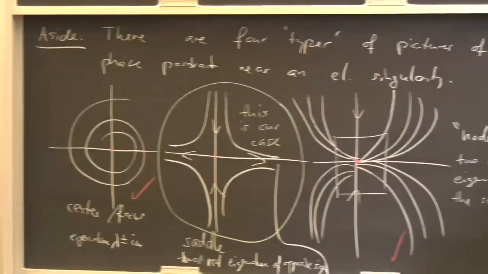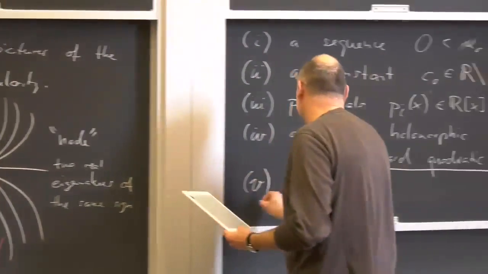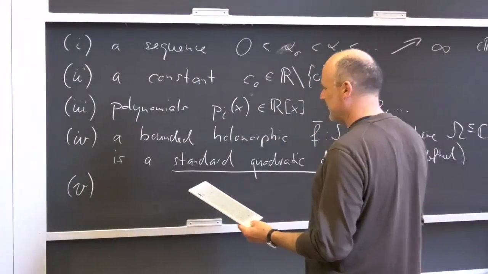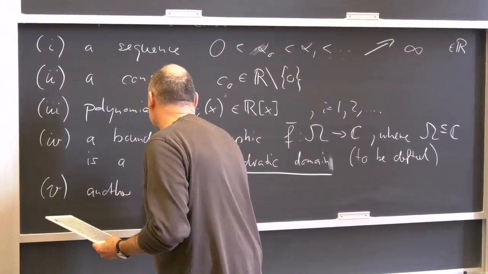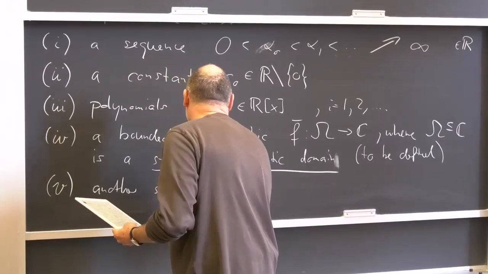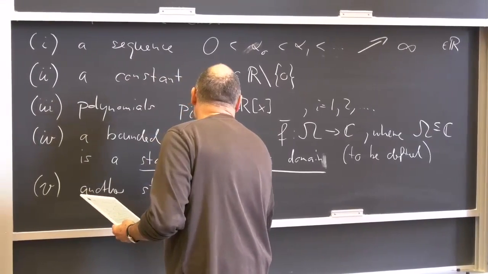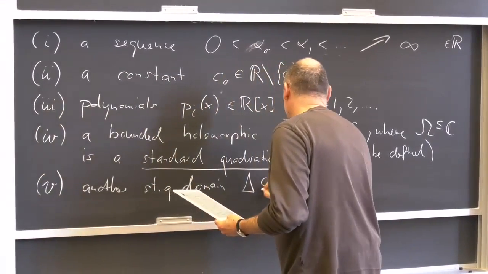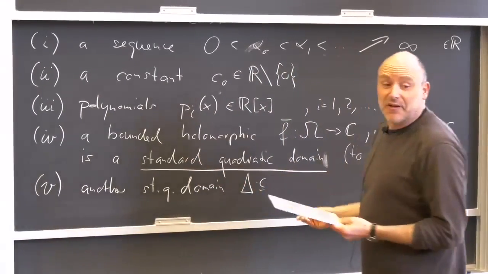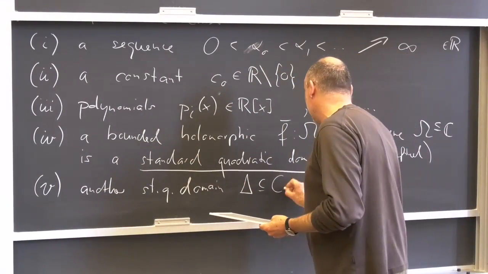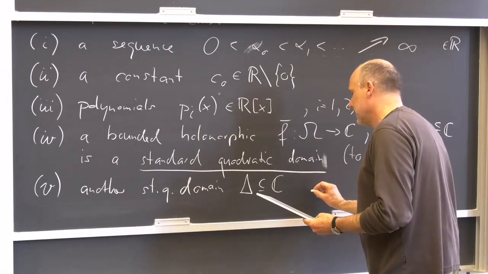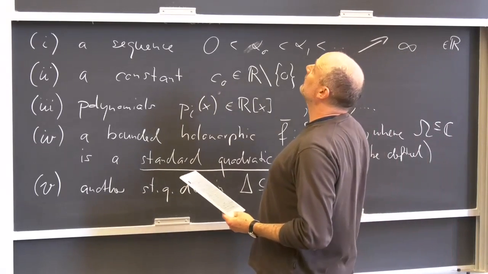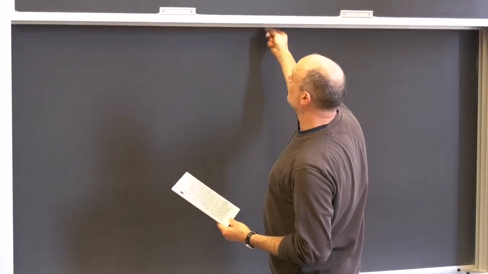So we do need two of these domains. Sorry, it's the last piece of data here. All right, another standard quadratic domain, Delta. So it looks kind of the same, but it's not necessarily the same one. Such that, so we have all this data now.